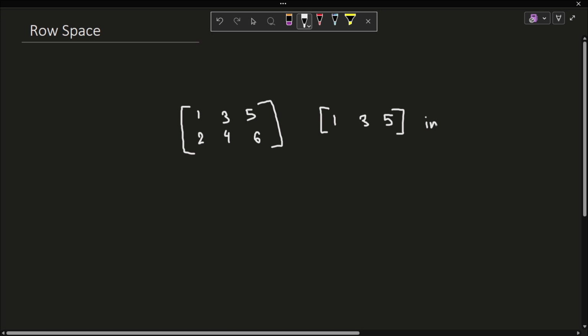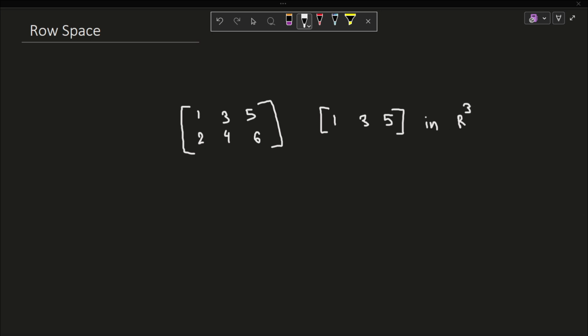So we could say it belongs to R3, and then we also have 2, 4, 6, which belongs to R3. What are these? These are row matrices, right? And these are 2 vectors.